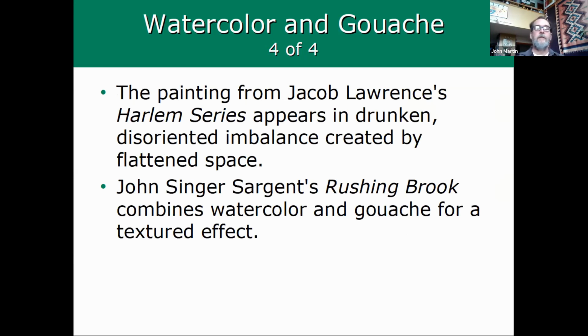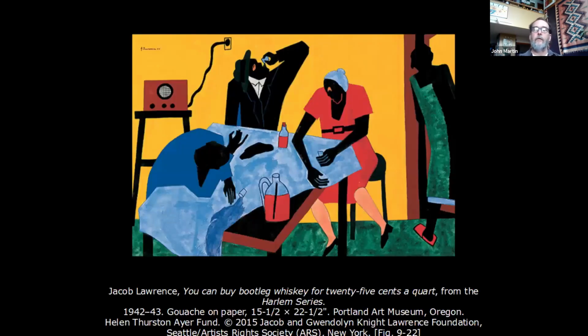If you notice in Jacob Lawrence's painting with the gouache, we see very flat color, primary and secondary colors here. It is adding to the disabling effects of alcohol. We see tipped planes and people taking shots. One guy looks like he's passed out on the table.